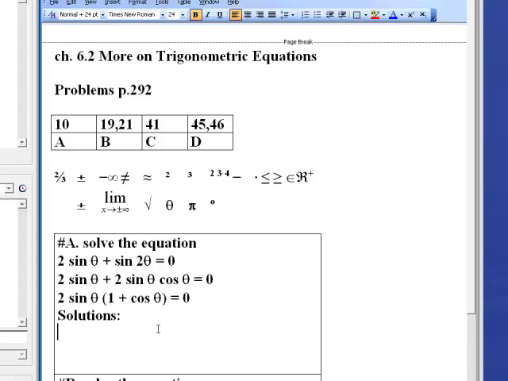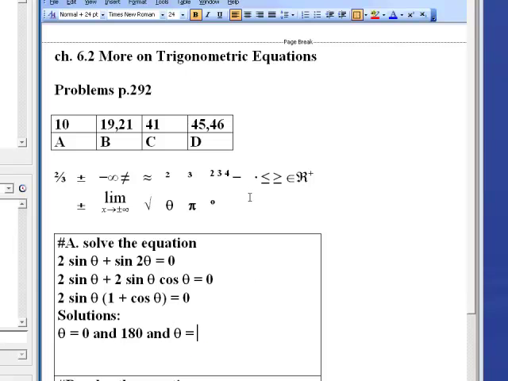Theta is going to be, well, the first one, sine theta equals 0. So that's going to be simply theta equals 0 as well as 180 degrees, and we are supposed to be in degrees, so 0 and 180.